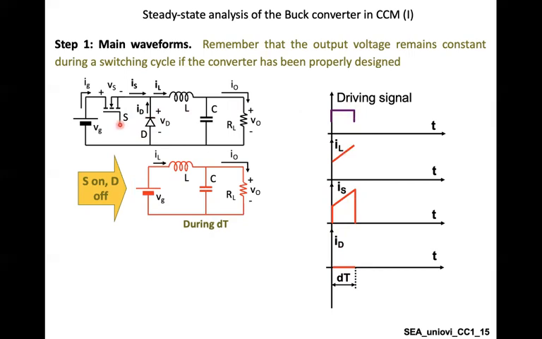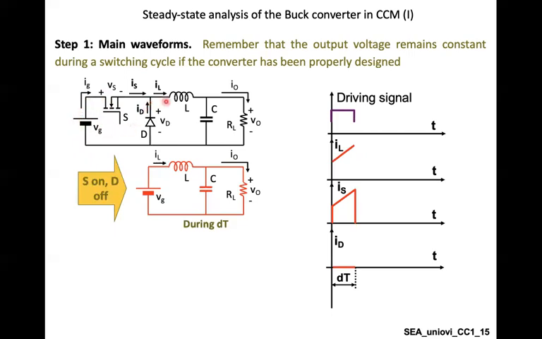Now, let's consider the other condition. The other condition is simply when this gate voltage is equal to 0, not high. It's no longer high now, it will go down to 0. So this switch will be turned off. I mean, the gate or the VG, the input source, is disconnected.